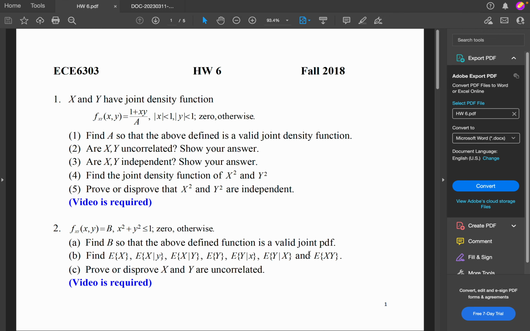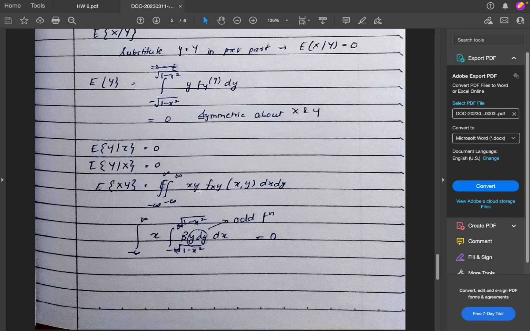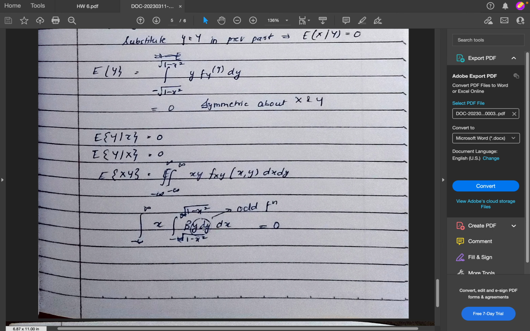Now coming to the expected value of xy, that will be equal to the integral of xy f of xy dx dy over minus infinity to infinity for both x and y, and f of xy is b.